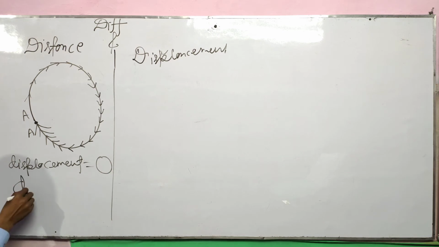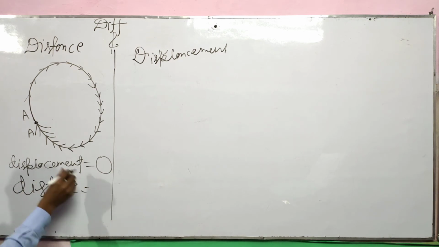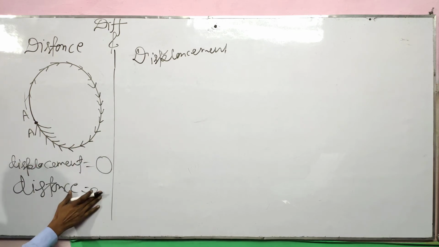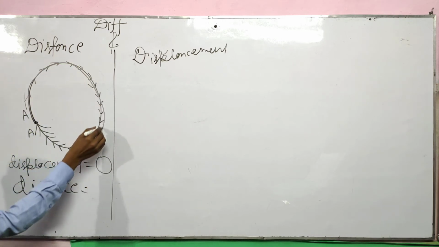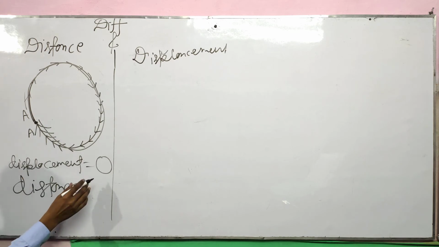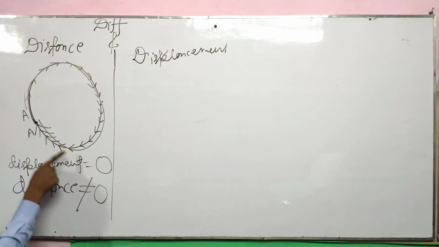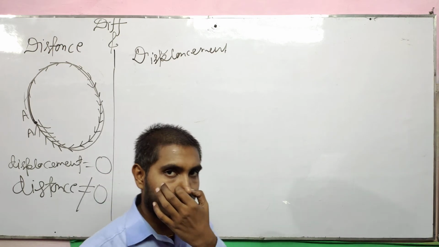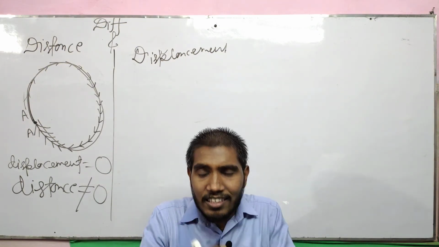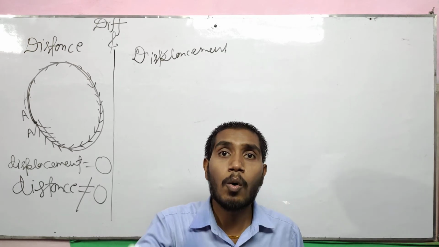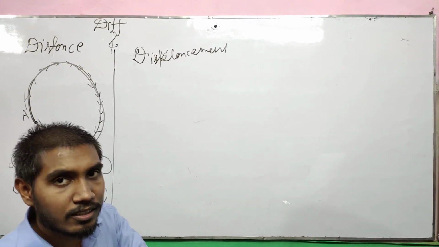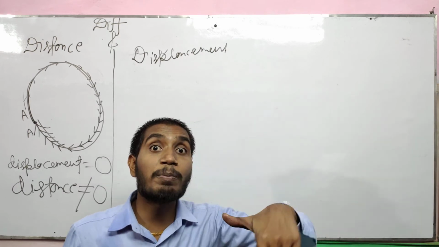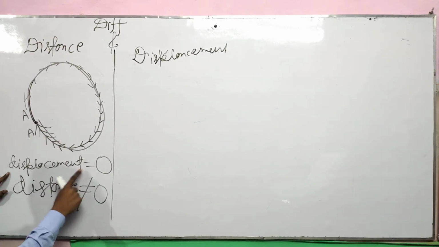But distance is not 0. Distance is the total path. Distance is not 0, but displacement is 0, since I am starting from A and also reached at A. It is not necessary that distance will be 0 when displacement is 0.